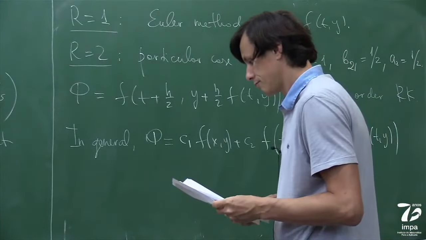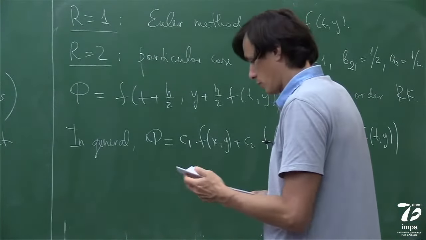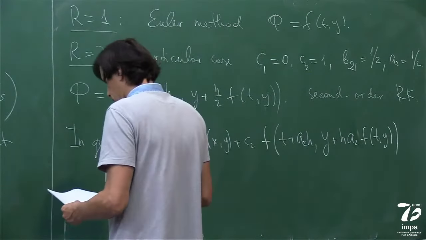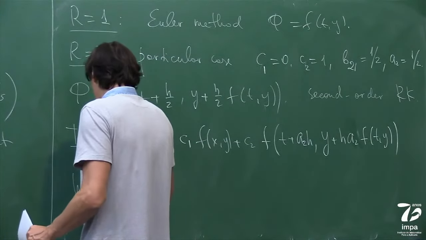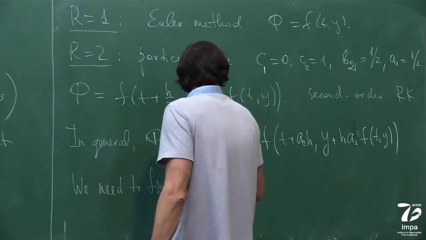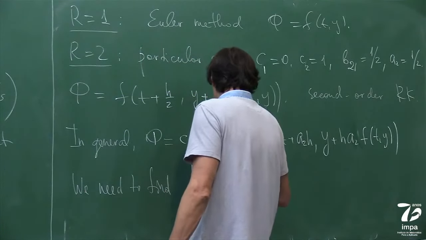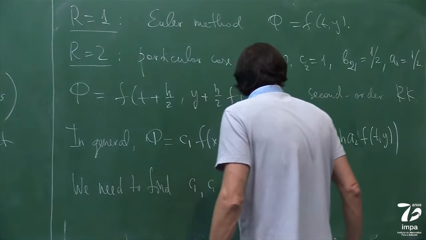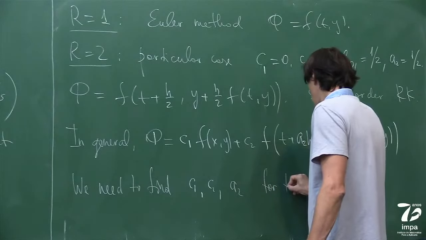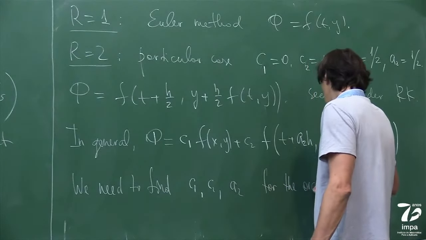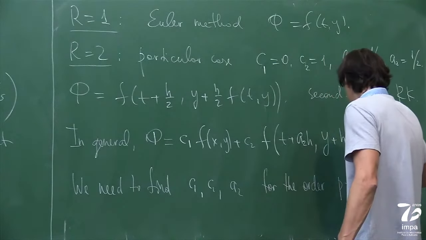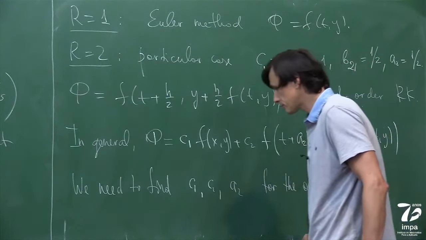Okay. So what we need is to find coefficients C1, C2, A2 for the order p equal 2. Let's do it.